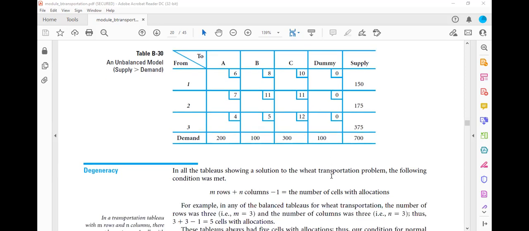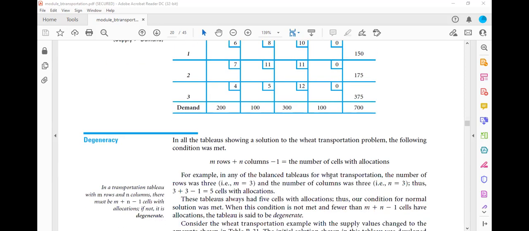Next case is degeneracy. Degeneracy is the case wherein, in your allocation, using any of the three methods, whether it be Northwest, minimum cell cost method, or Vogel's approximation method, it turned out that the number of cells with allocation is not equal to m plus n minus 1.